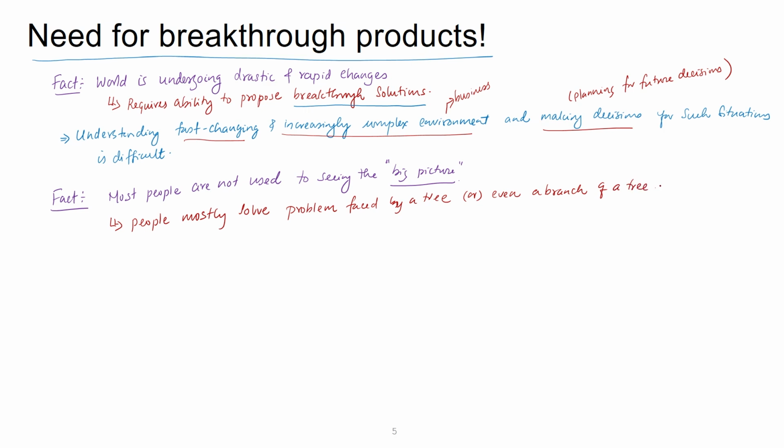The second part is they ignore or fail to realize the impact on the entire forest. It is very easy to focus on a tree or a branch of a tree, to do a micro, very contained limited problem, and people fail to realize or ignore the impact on the entire forest.